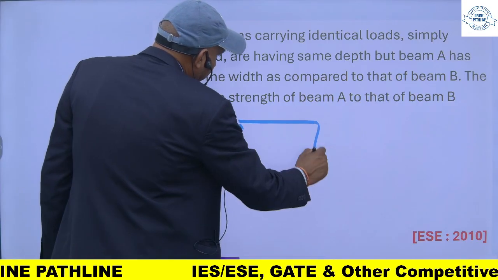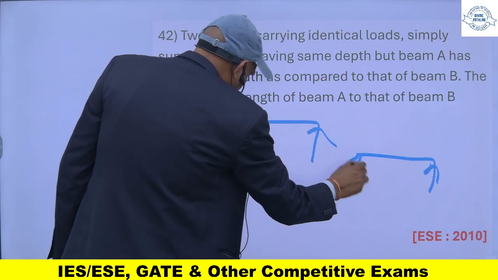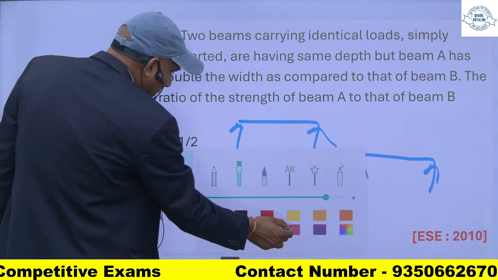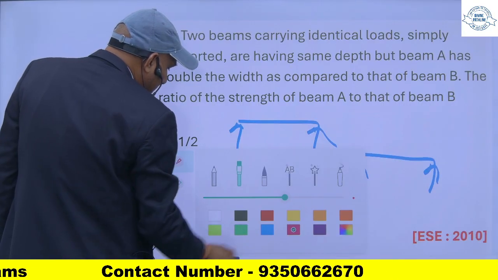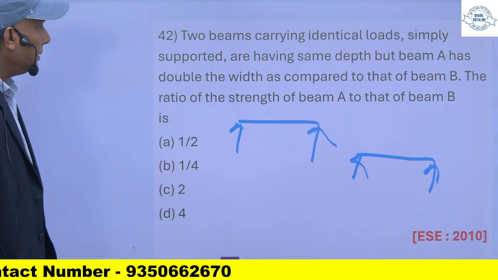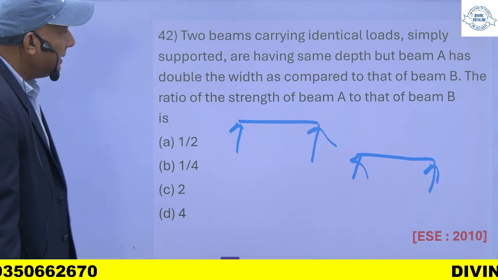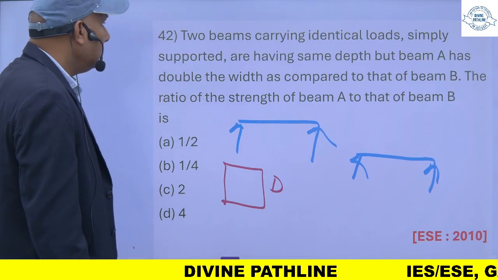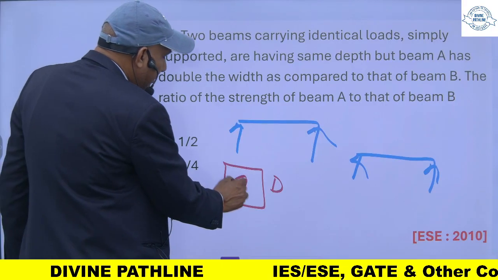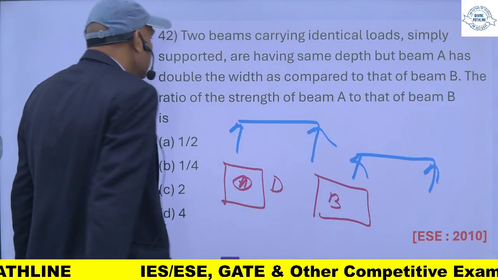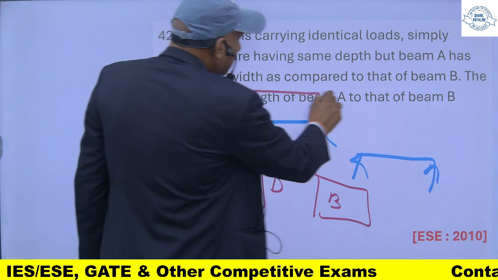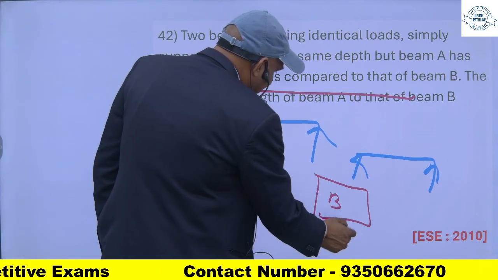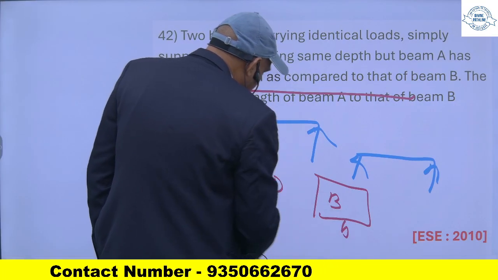There are two beams having the same depth, but this is my A beam and this one is B. But A has double the width as compared to beam B. So if the width of B is b, then it will be 2b.